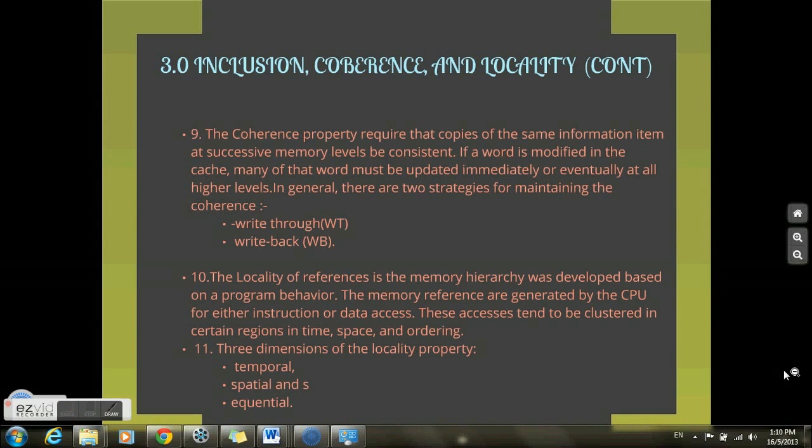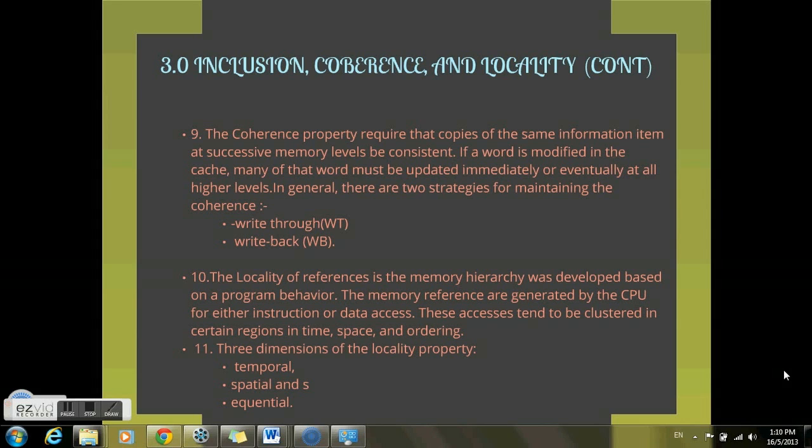The coherence property requires that copies of the same information item at successive memory levels be consistent. If a word is modified in the cache, copies of that word must be updated immediately or eventually at all higher levels. In general, there are two strategies for maintaining coherence, that is, write through and write back.